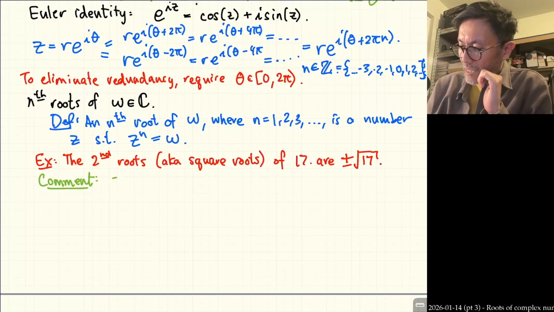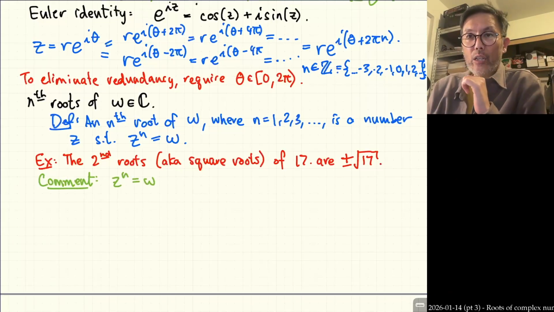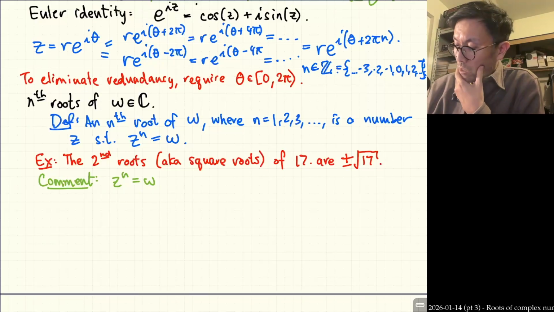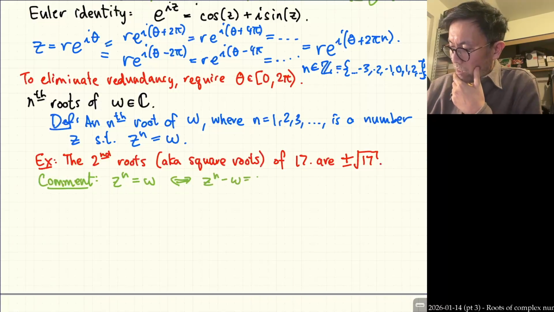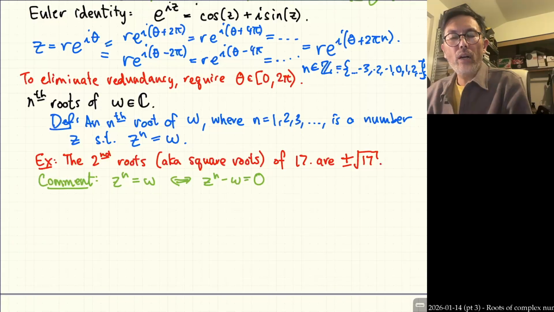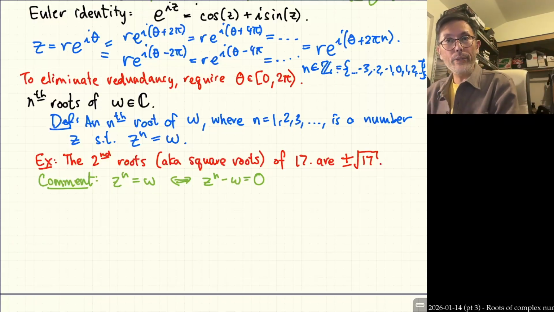If you look at z to the n equaling w, which is the equation which defines z being an nth root of w, then you can subtract w from both sides, and you get this equation. In other words, finding nth roots of w is the same as finding roots of the polynomial z to the n minus w.